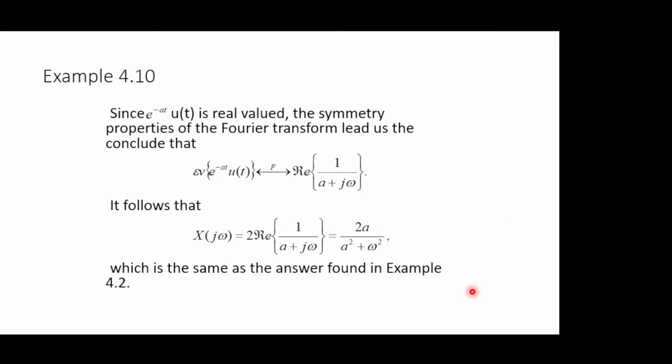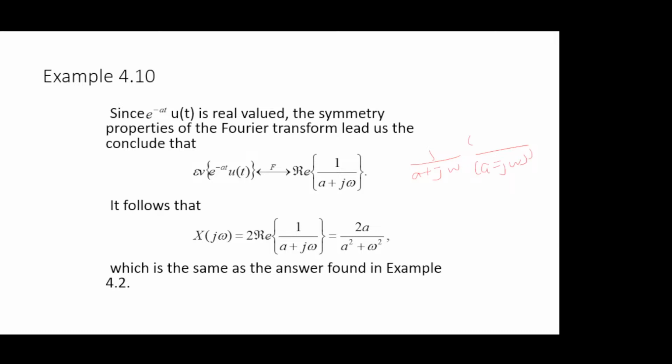We have very little time, so maybe I can do a quick review, a quick example of how to take the real part. If you take the real part of 1 over a complex number, 1 over a plus j omega, you want to make the denominator real, so you multiply the numerator and denominator by a minus j omega.